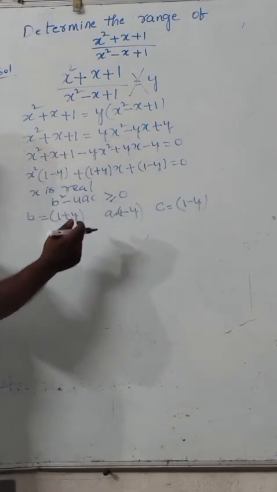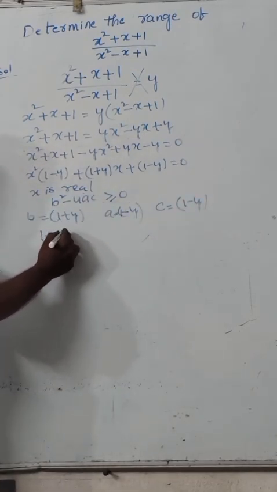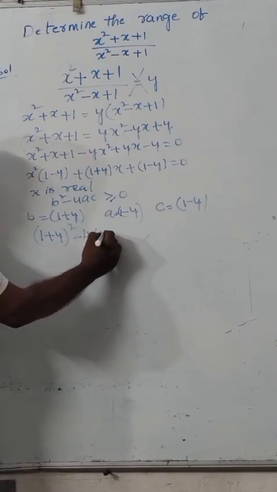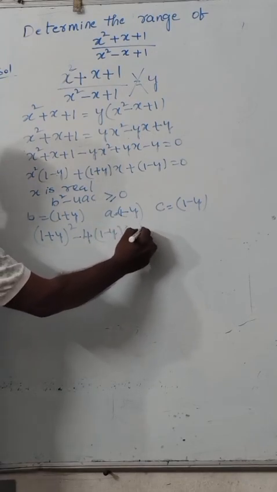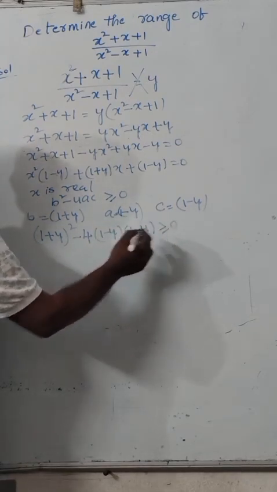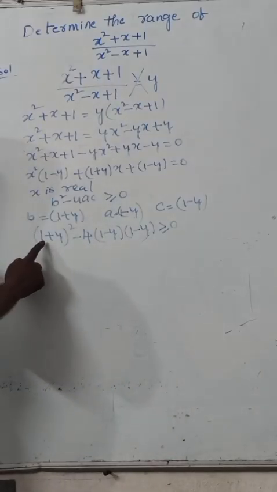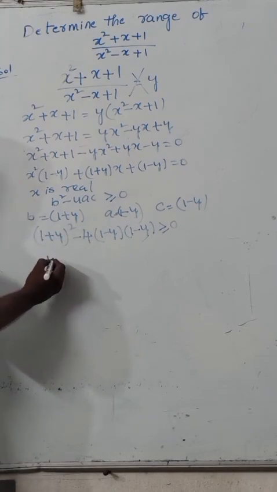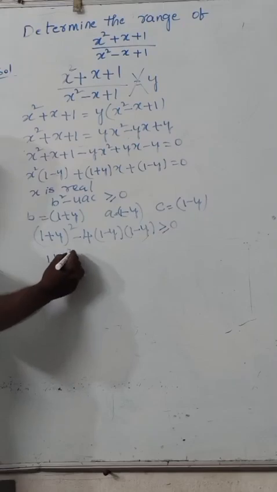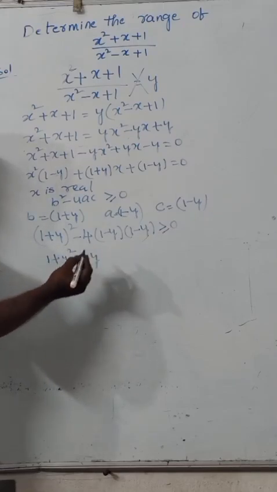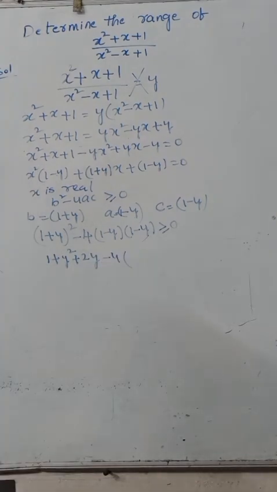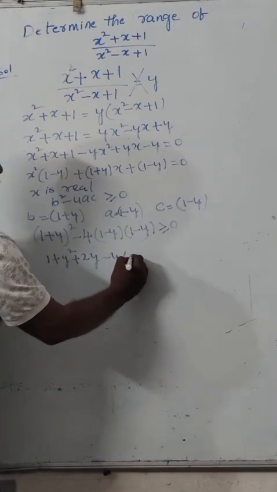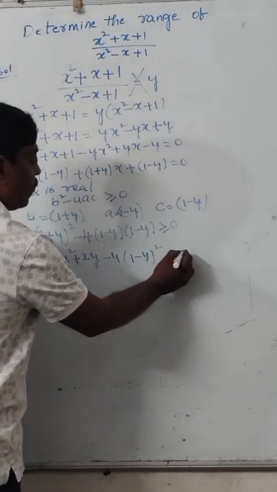By applying the discriminant value, b square, that is (1 plus y) whole square, minus 4 into a, which is 1 minus y, and c, which is also 1 minus y, is greater than or equal to 0. Now here (1 plus y) whole square means (a plus b) whole square, a square plus b square plus 2ab, minus 4 times (1 minus y) whole square is greater than or equal to 0.